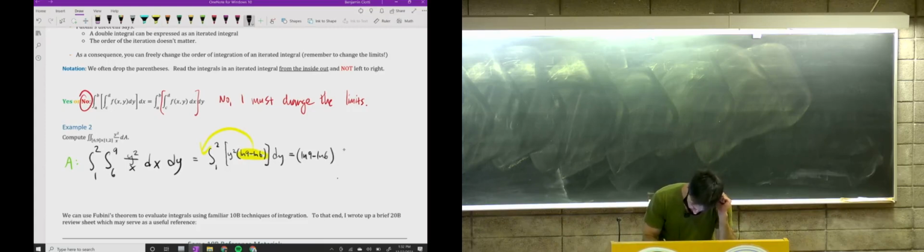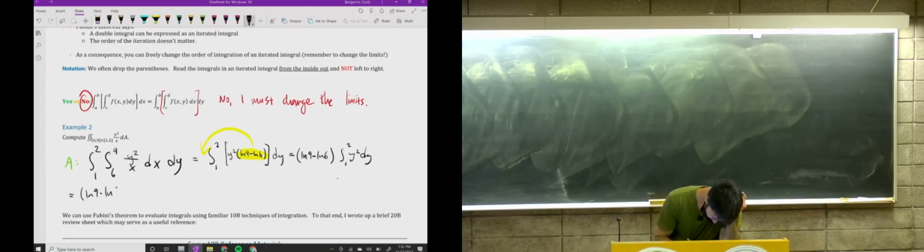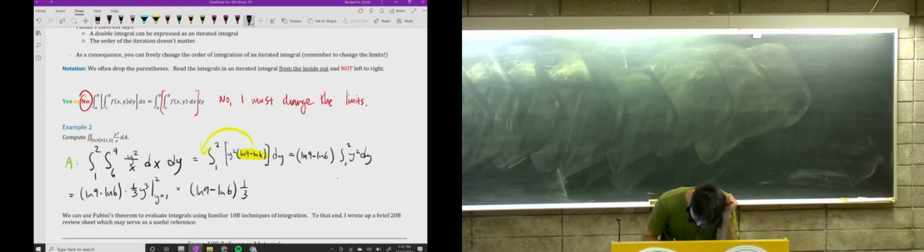And I'm left with the integral of y squared, which is 1/3 y cubed evaluated from y equals 1 to 2, which is 1/3 of 2 cubed minus 1 cubed, which is 7/3.